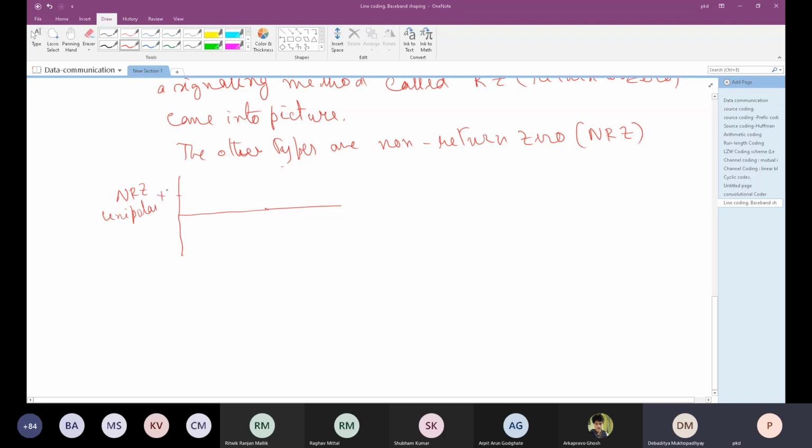So we have a plus B here, and then corresponding to 0 and 1, we have shifting of levels. So this is the simplest one.